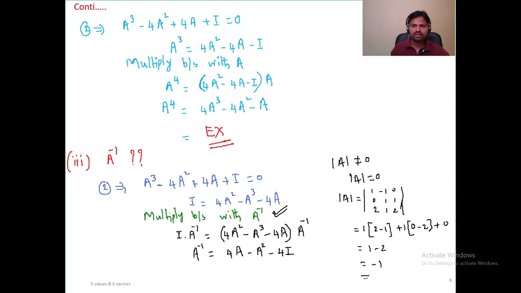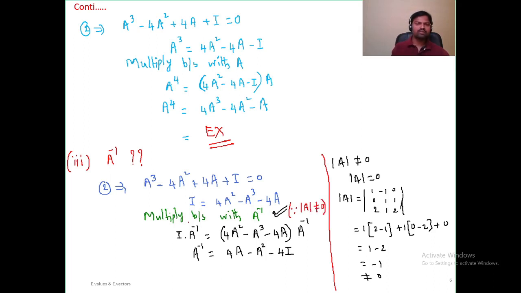Therefore this is not equal to 0. Fine. We are safe. So det A is not equal to 0, therefore the inverse exists. Then you can proceed to this step, multiply both sides with A inverse. You have to write here, since determinant of A is not equal to 0. First you have to make sure of this one.